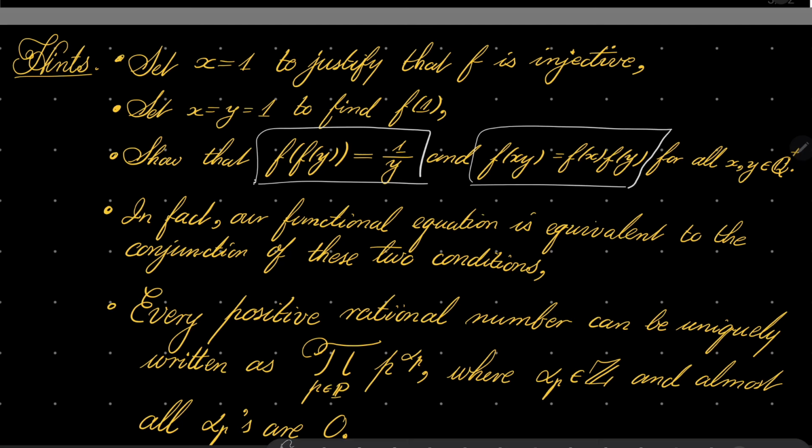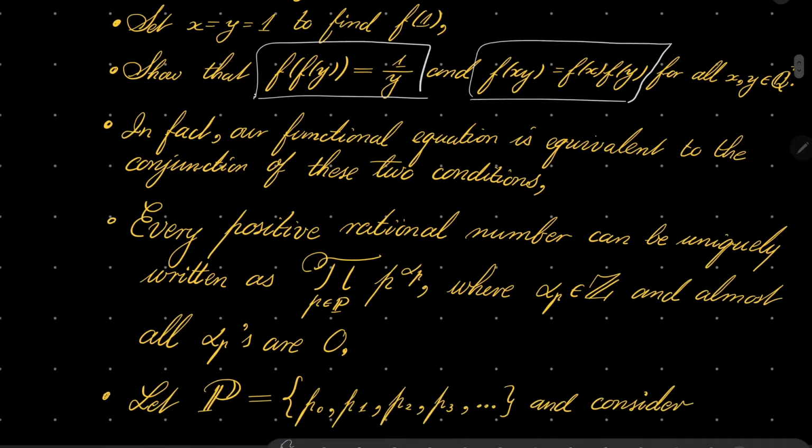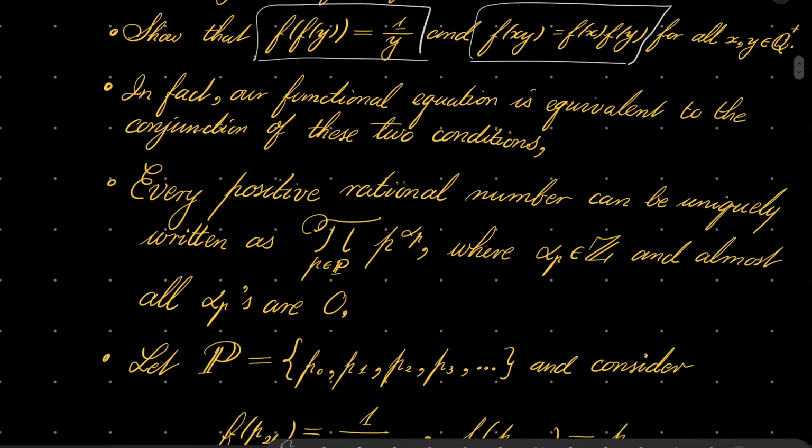And also notice that every positive rational number can be uniquely written as a product of primes to some powers, where these powers are integers. And this product looks like an infinite product, but in fact almost all exponents are 0. So in this product we have only finitely many terms which are not 1.